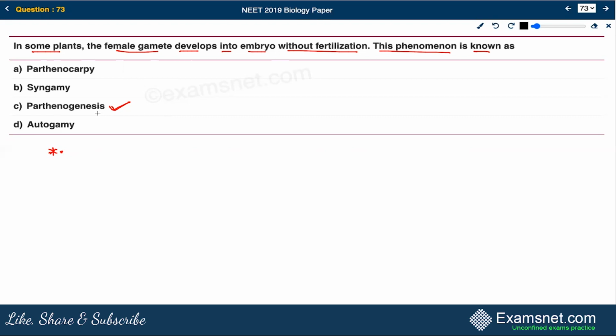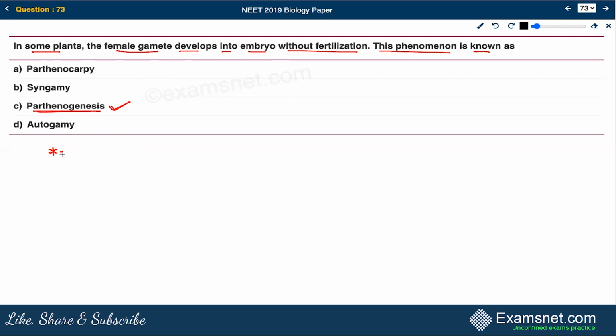All right. So out of all these options, parthenogenesis is the correct answer, because here only the female gamete undergoes development to form the embryo without the male gamete. That means without the actual process of fertilization.